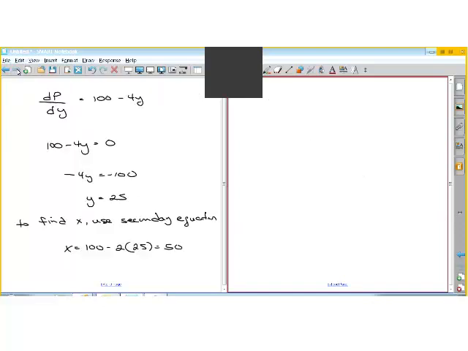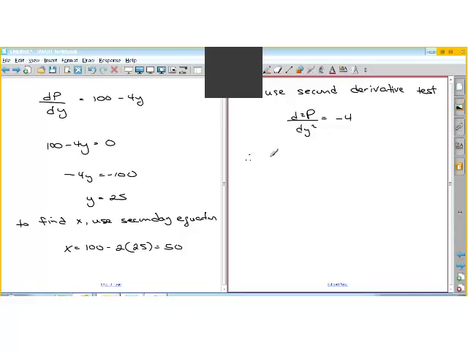So again, this could either be a minimum or maximum. So what we would do is use the second derivative test. And what that means is we take the second derivative of p with respect to y, and that's just equal to -4.